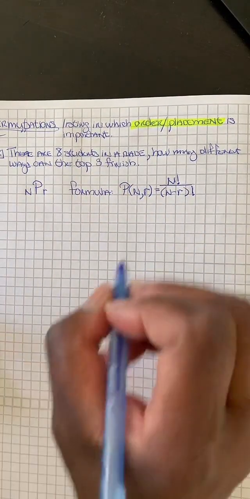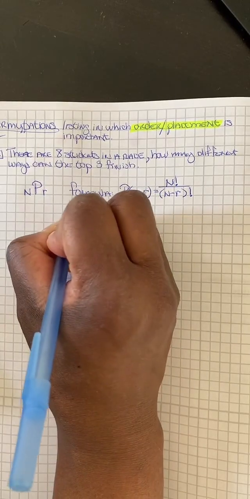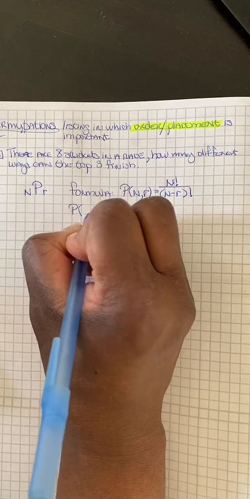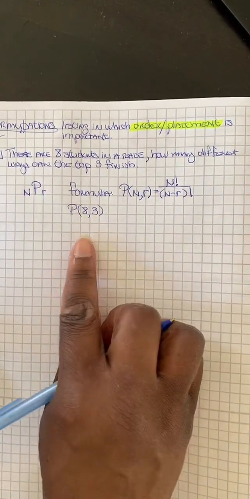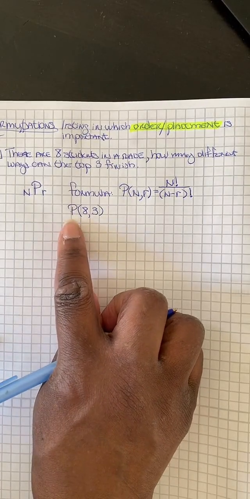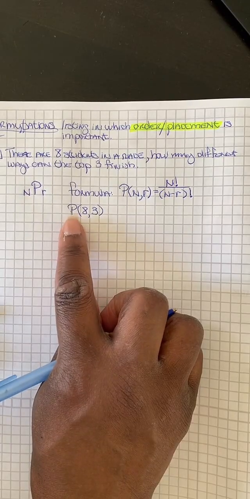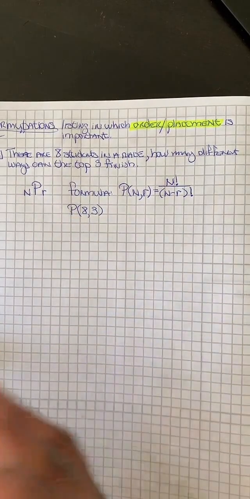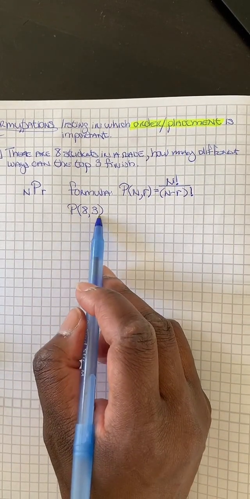So your 8 is your n and your 3 is your r. If you ever see something like this, this is not probability. This is permutation, which is a form of probability. So it's not the probability of you getting an 8 or a 3.